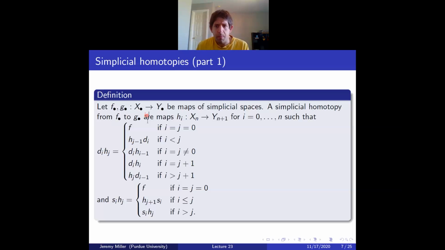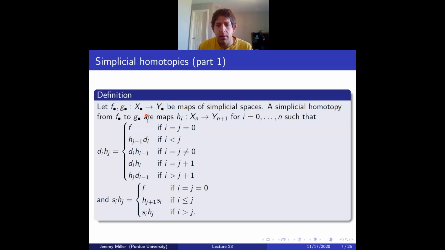Some of you know what a chain homotopy is, I assume. If you take the alternating sum of the maps induced by these h_i, you get a chain homotopy.